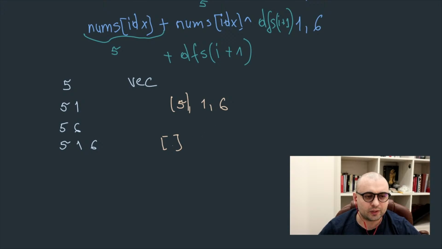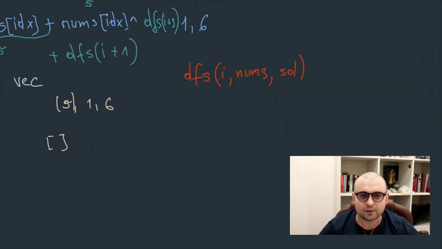Then my DFS will have something like this: DFS with index, nums, and a solution argument. Here solution will start as an empty array at first.